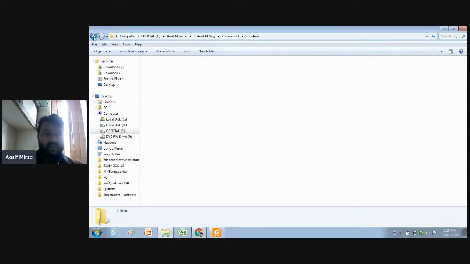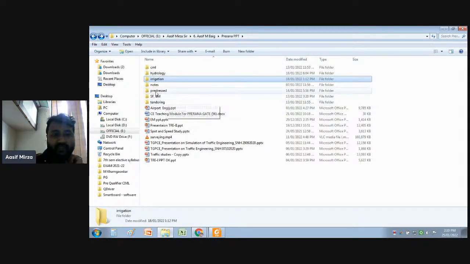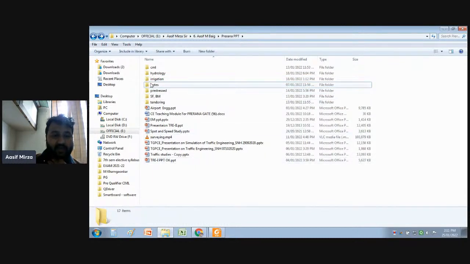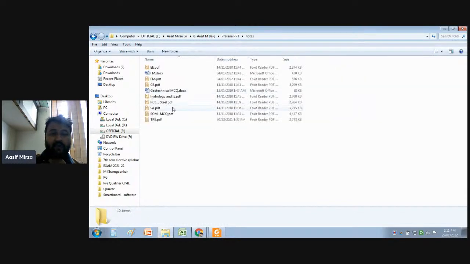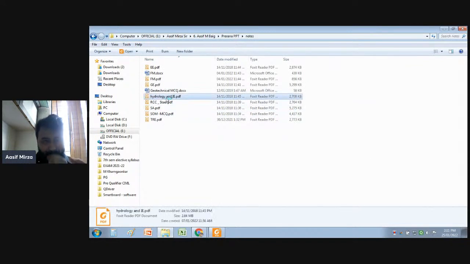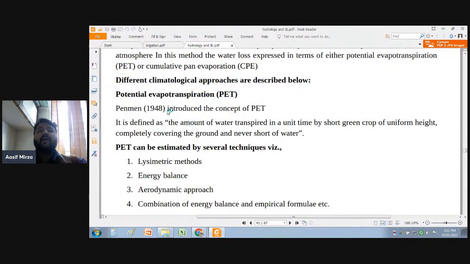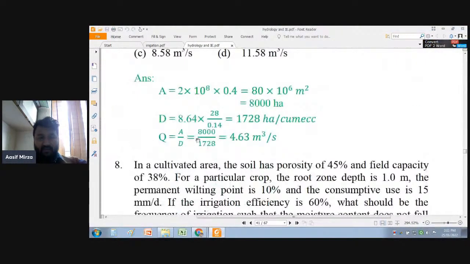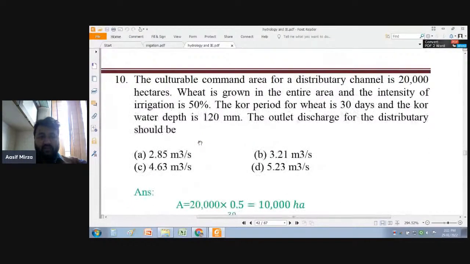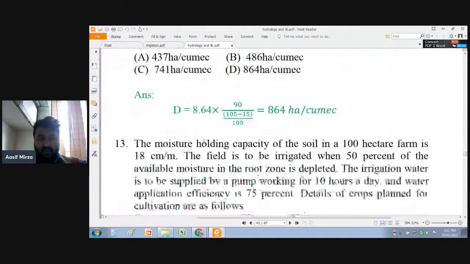Let's begin with a few questions which have been asked in the GATE examination about irrigation methods. In the previous parts also we have seen various questions on hydrology. In the same PDF file, we have questions about irrigation methods.